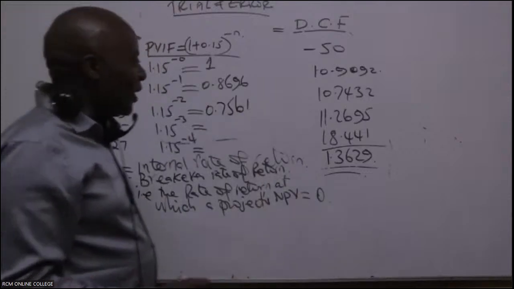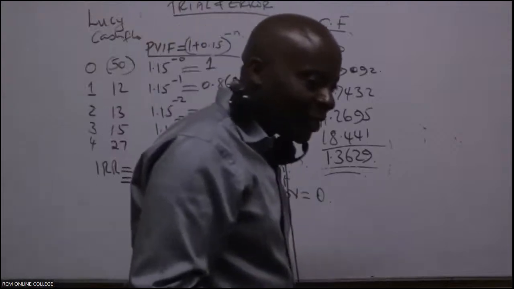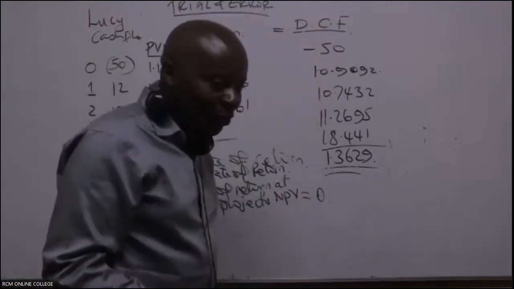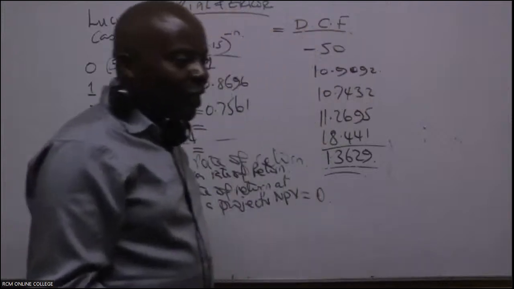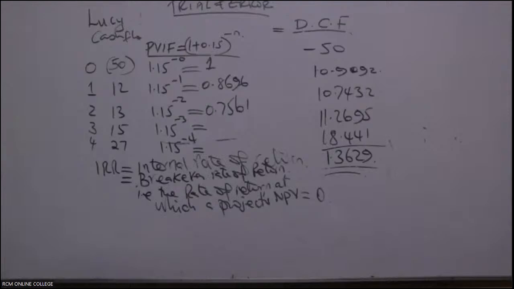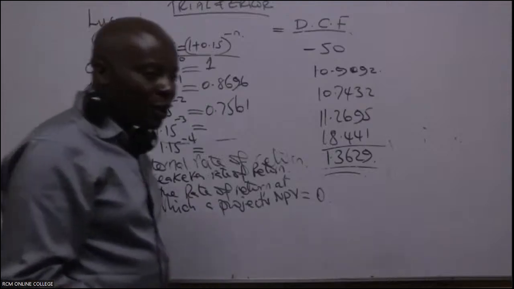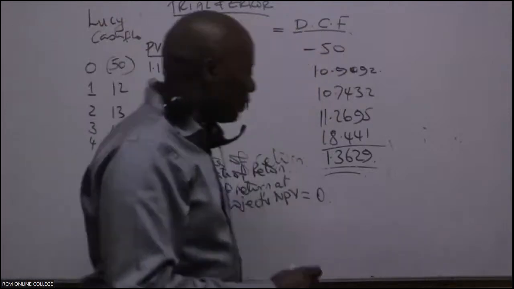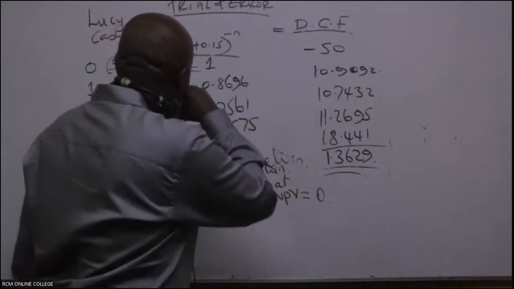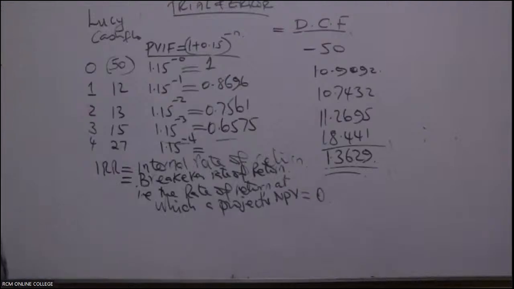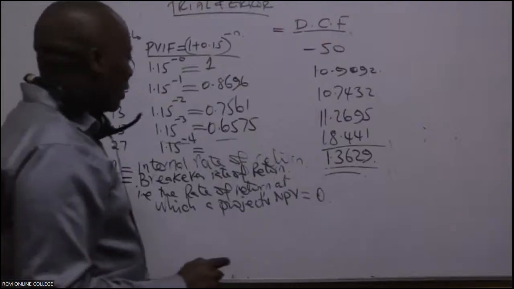Year number 3, what do we have here? Thank you, Patricia. Thank you, Betty. 0.7561, and then we have 0.6575. And the last one is 1.15 raised to -4.